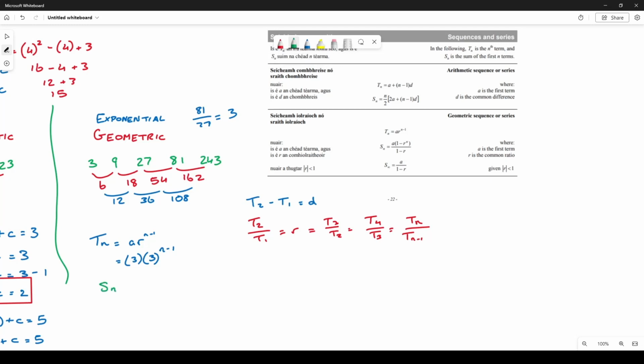Now, Sn works the exact same way. We would do Sn is equal to a1 times (1 minus r to the power of n) all over 1 minus r. This is the most important thing here because it is used a lot in sequences and series. They also use S infinity a lot, but the difference is Sn is also used for the entirety of leaving cert honours level maths, or financial maths.